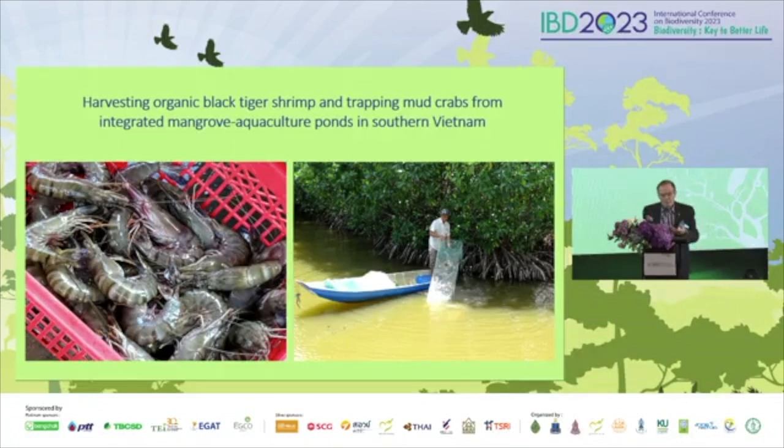And there's an example of what I mean. On the left are the organic shrimp. These are black tiger shrimp, Kung Koladam. And on the right, the farmer is catching, again on a daily basis almost, mud crab that have either come into the pond or he's bought juvenile crabs from fishermen, stocked them in the pond, and he checks the catch net each day, and when he finds crabs that are big enough to market, he can sell those and return the smaller crabs back to the pond.